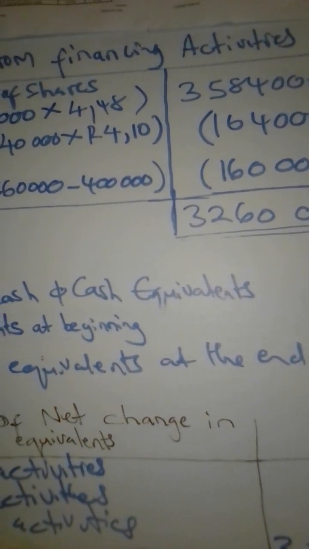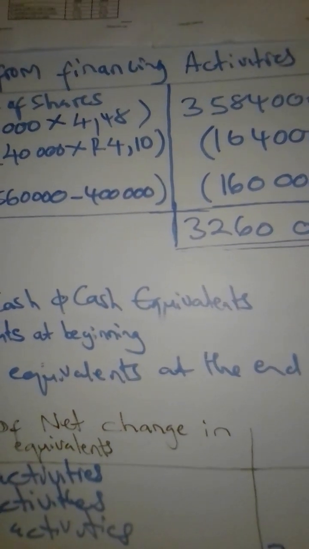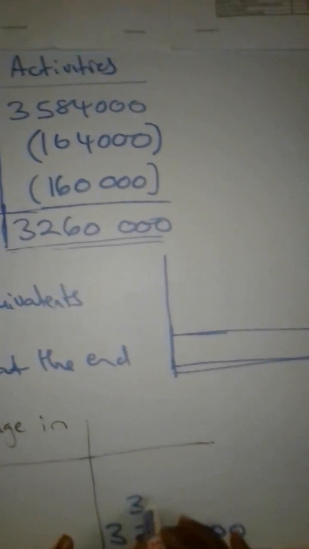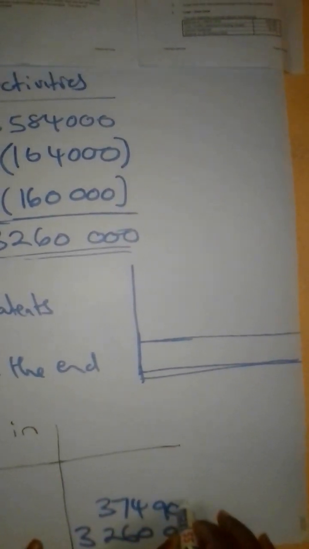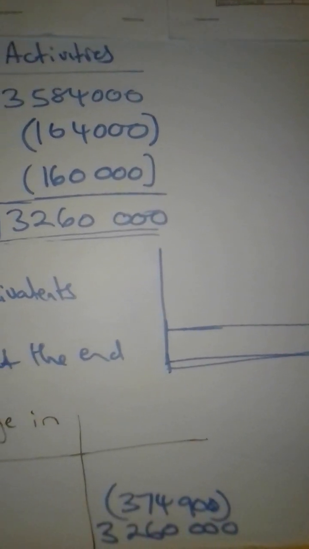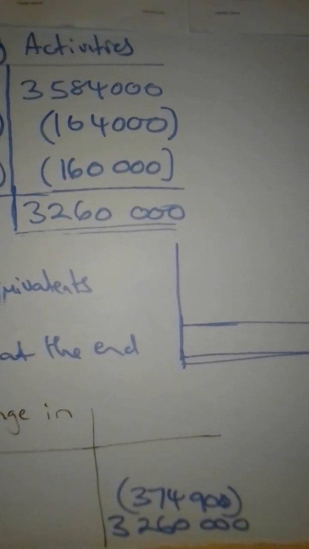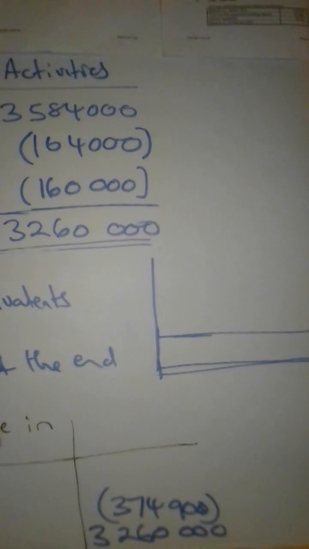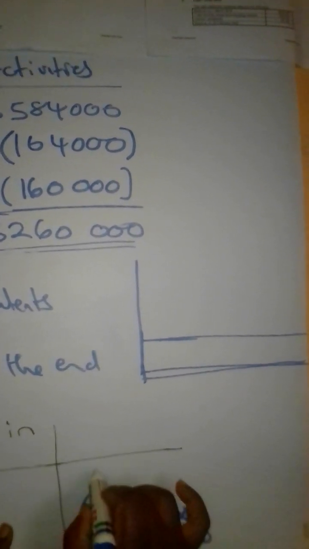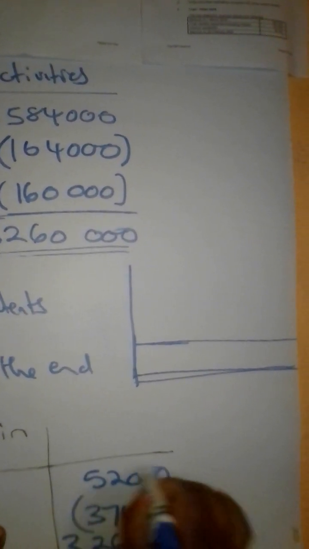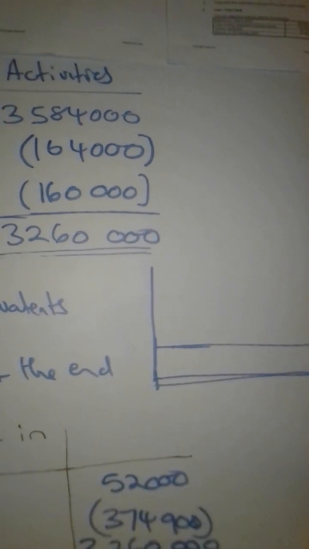Let's go back to the investing activities and then the operating activities. The investing activities were 374,900, which was negative. And then from the operating activities, we had 52,000. So these are the amounts that we have.